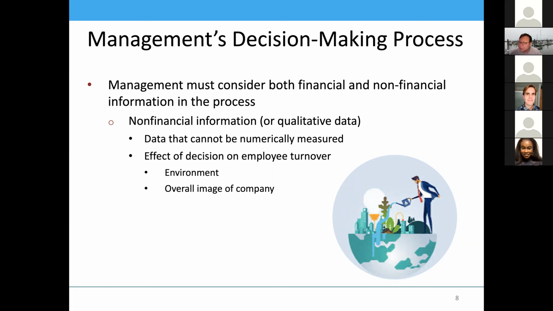So companies who are not environmentally friendly probably don't have a good corporate image, so maybe their financials will be impacted, right?